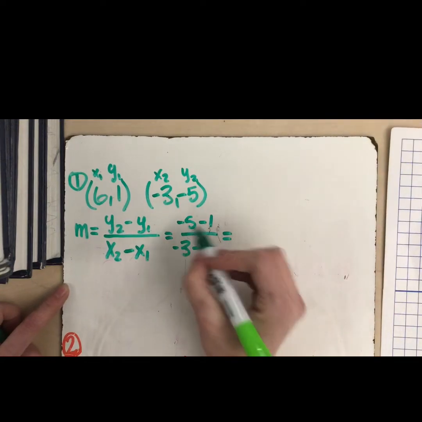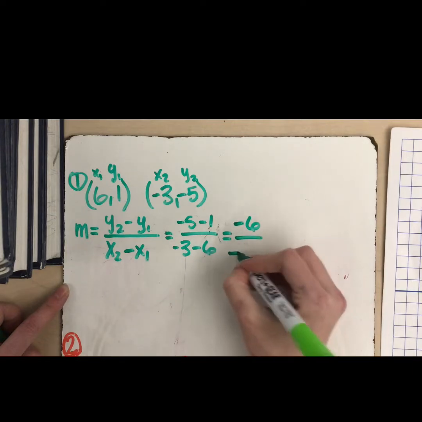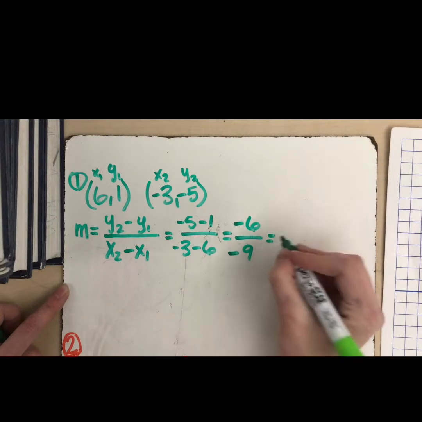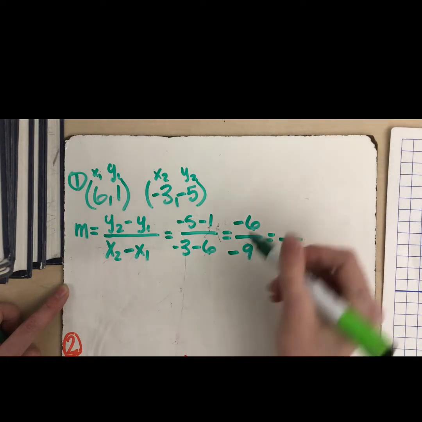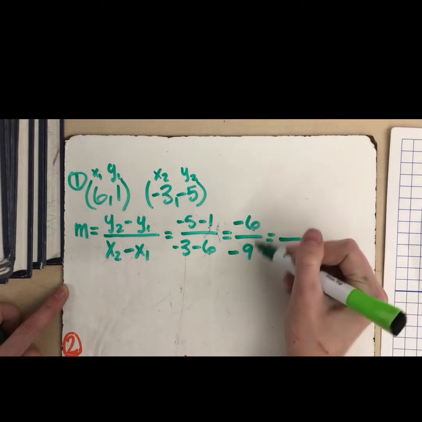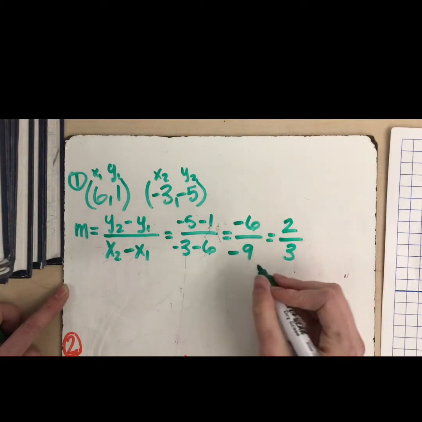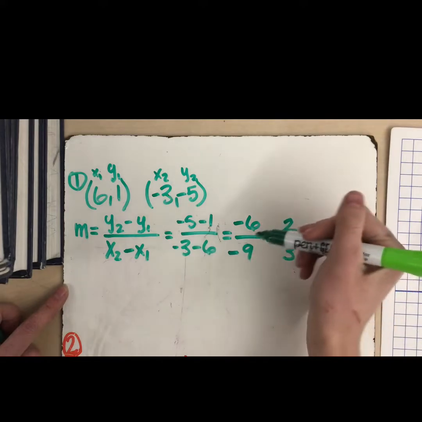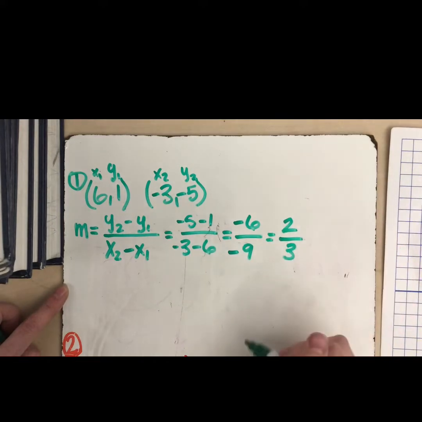Now, -5 minus 1 would give me -6, and -3 minus 6 would give me -9. Now, negative over negative will make this a positive fraction, and 6 over 9, I can simplify this fraction to be 2/3, because 3 goes into both of those. So if I divide 6 by 3, I get 2, and if I divide 9 by 3, I get 3. So we have our slope.